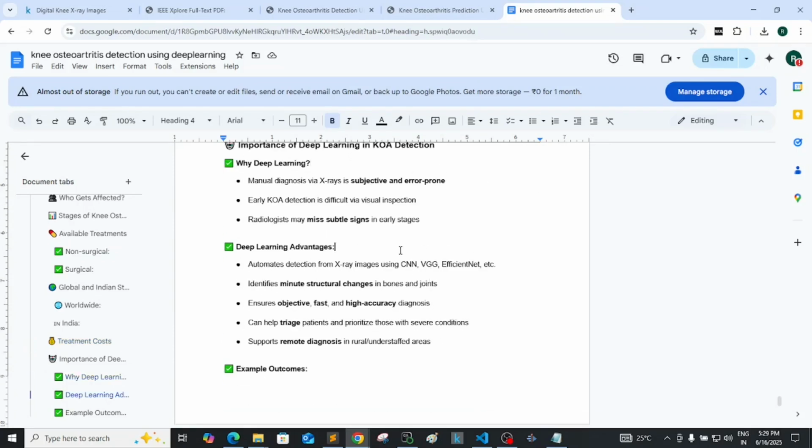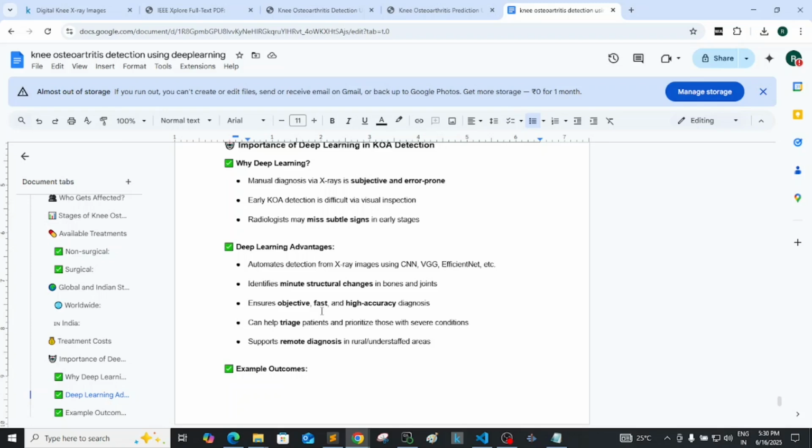And here are the deep learning advantages. We are using deep learning because it can understand minute structural changes, and it is objective, fast and highly accurate, because humans have limited capacity. For example, if there are 100 types of dogs, we can remember only 10 or 20, but deep learning can detect more than lakhs.